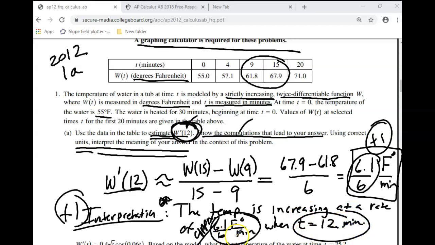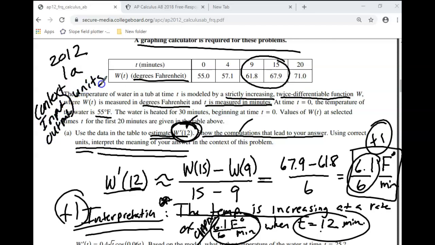So we have our output with units, our input with units, and then we have our context. Anytime you're doing an interpretation, you need those three things. You need context, a little something you might want to write down on your FRQ. You need context, you need input, and you need output units when you do an interpretation.